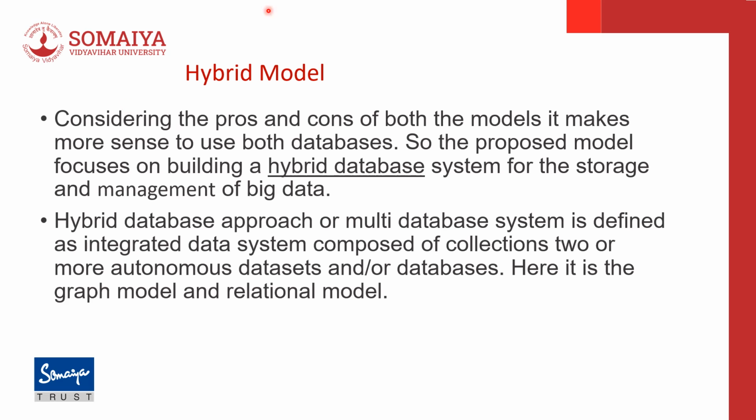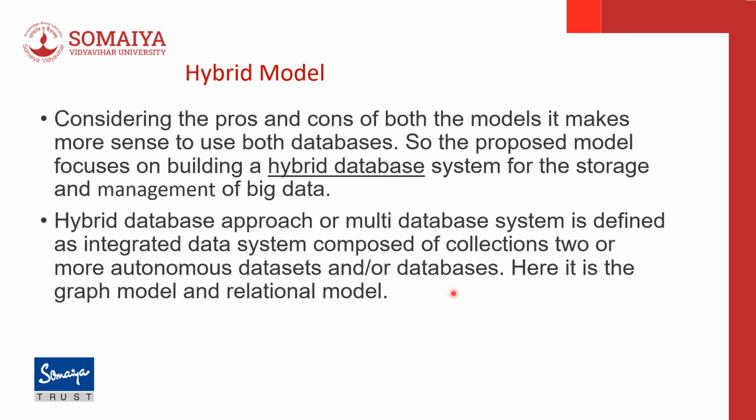Now let's look at the final hybrid model, which combines both the relational database and the graph database. Considering the pros and cons of both models, it makes more sense to use both databases together. The proposed model focuses on building a hybrid database system for the storage and management of big data. A hybrid database approach, or multi-database system, is defined as an integrated data system composed of two or more autonomous datasets.